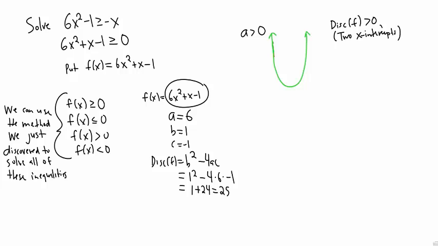And as we saw, that means that the graph intersects the x-axis like that. The x-intercepts are the points on the graph where the y-coordinate is 0. They correspond to the solutions of this equation.